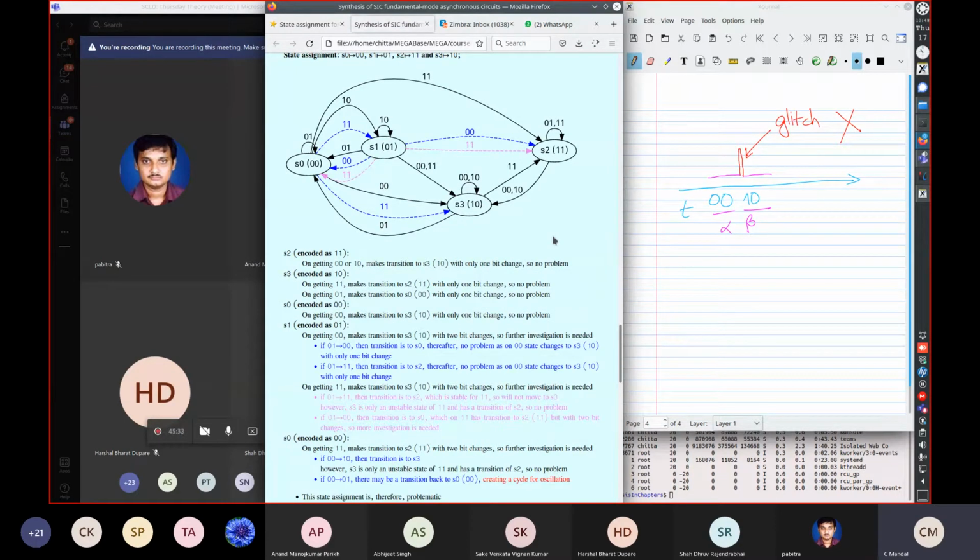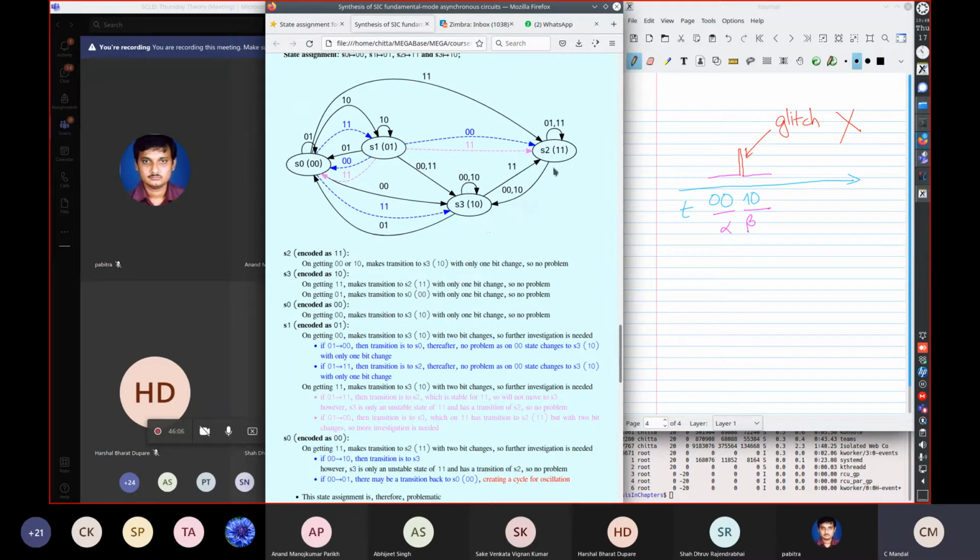Now let us look at S2. S2 is encoded as 1, 1. On getting 0, 0 or 1, 0 as shown over here, it makes a transition to S3.